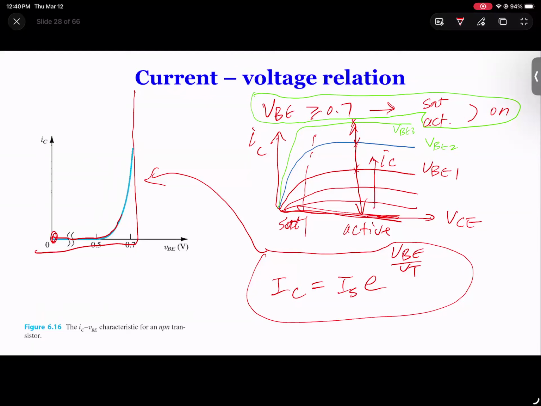Since this current IC is not only related to VBE, but also related to VT, and VT is the thermal voltage, by its name VT will change as the temperature changes. It's 25 millivolts. If temperature increases, VT will increase. When VT increases, what happens? For the same IS and VBE, IC is smaller.